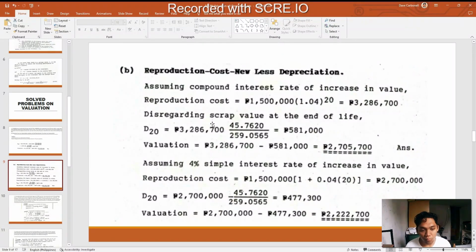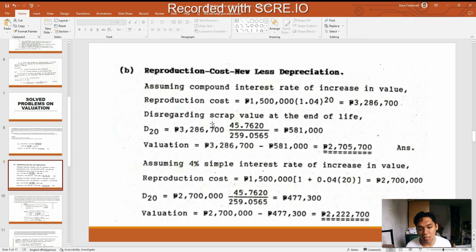So moving on, the formula D20 is equal to 2.7 million pesos times the same functional notation, evaluating to 477,300 pesos.